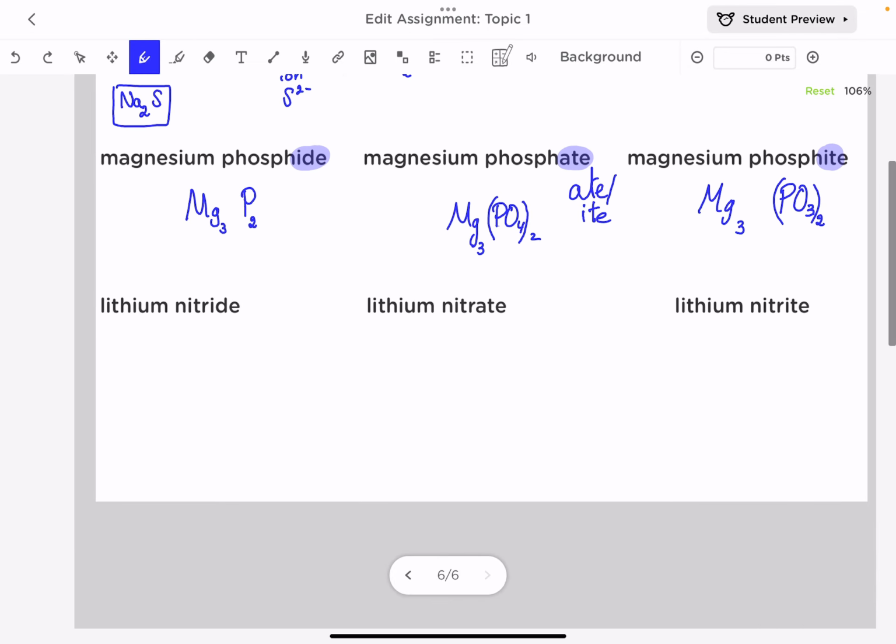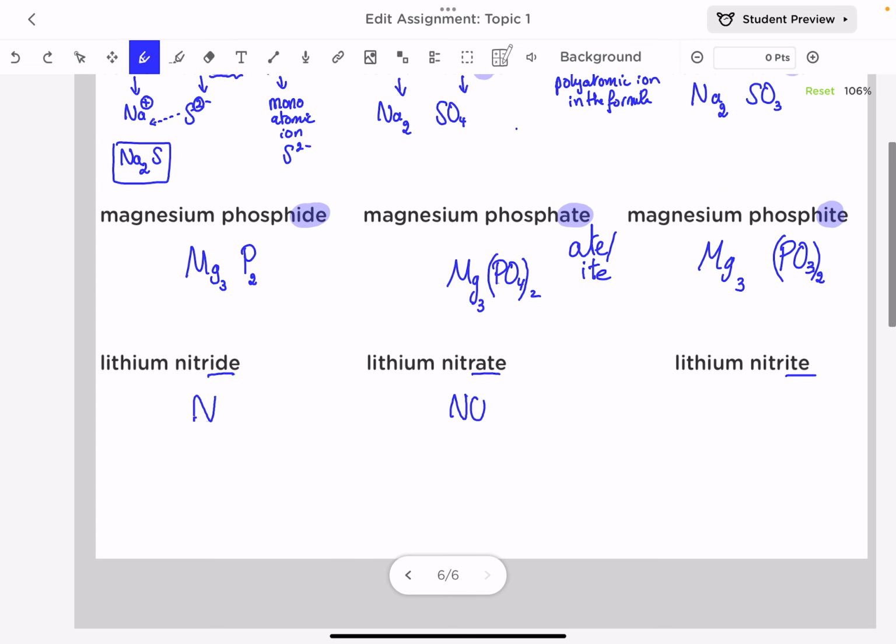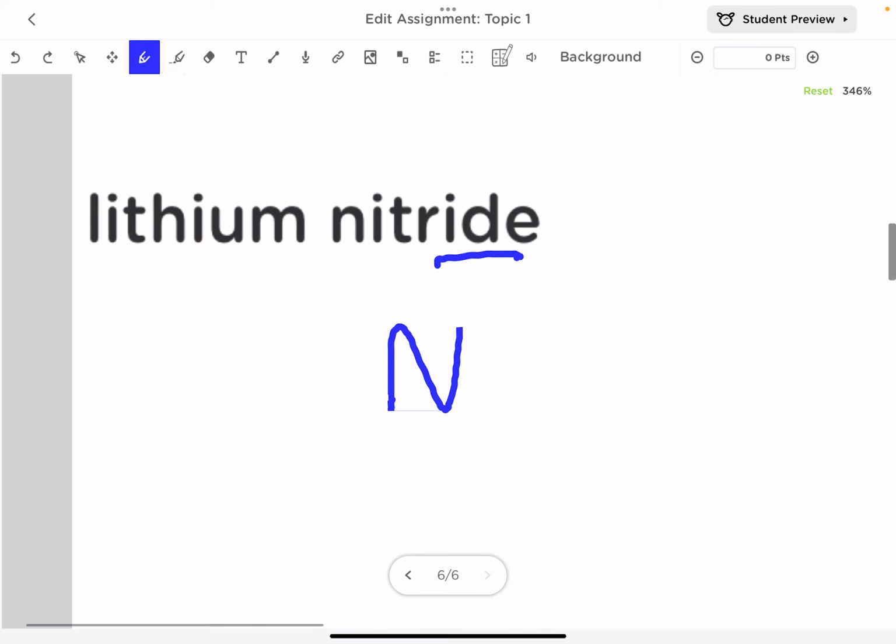One last example that I will give: lithium nitride, lithium nitrate, lithium nitrite. As I mentioned, the nitride is simply N, whereas the nitrate is the NO3, 1 minus, and the nitrite is the NO2, 1 minus. Nitride belongs to nitrogen, which has a 3 minus charge, and lithium is Li plus.